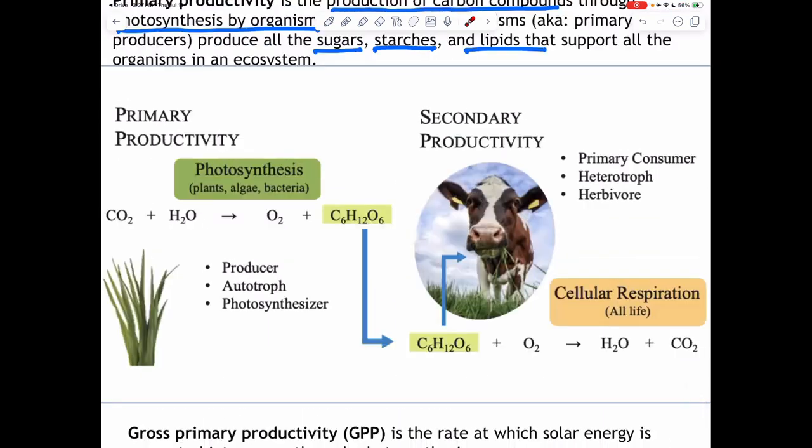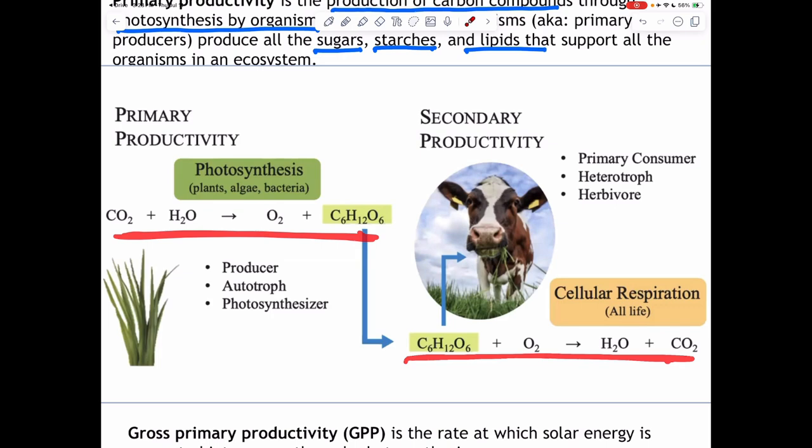All right, so this is just a nice little recap of everything that's going on here. I really want to remind ourselves that photosynthesis happens and we are producing glucose, but then we have our heterotrophs, our herbivores, our primary consumers, and they're doing the complete opposite. It's a complete flipped reaction here.